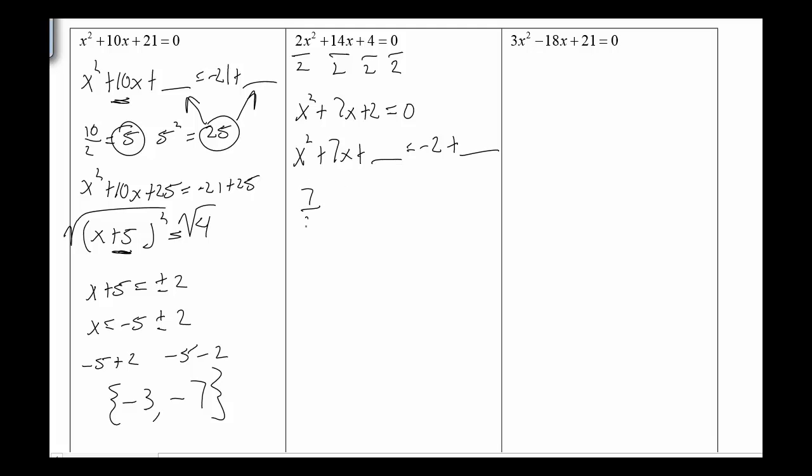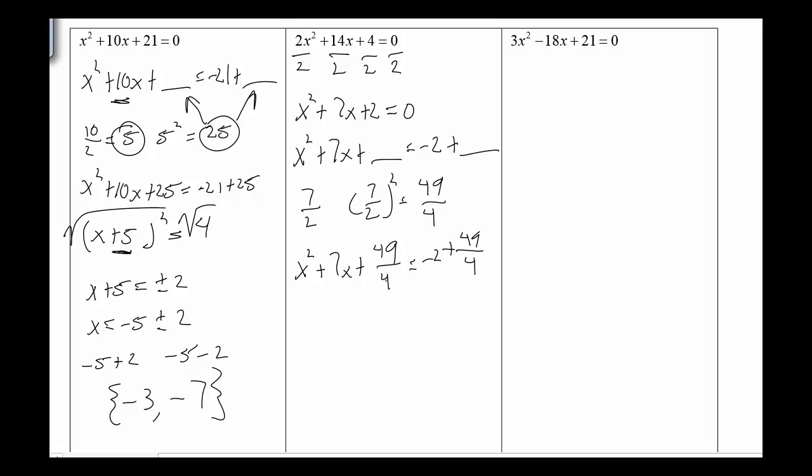So 7 divided by 2, and then I want to square that. There's 49 fourths. So that, believe it or not, is what we're going to add to both sides. And this will typically happen whenever we have an odd middle term. We'll end up bringing fractions into the problem, and that's okay if that happens.